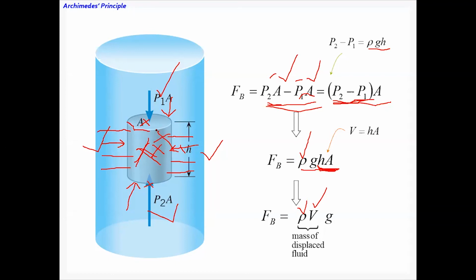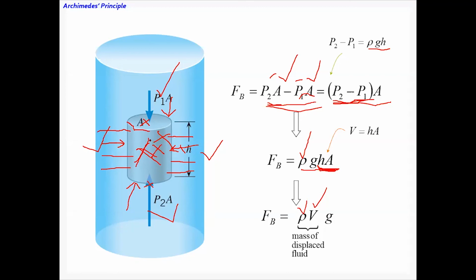So can you say the volume of the immersed object is equal to the volume of the displaced water? What I meant is when you submerge something into water, then that object will displace exactly the same amount of volume.